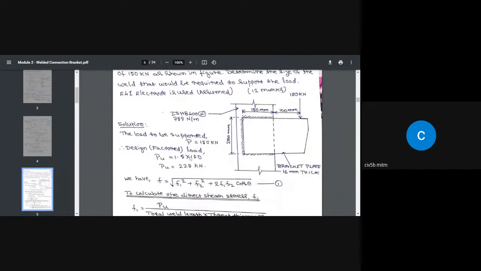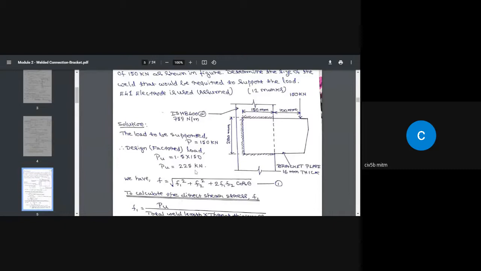Coming to this, again, what is the equation? The load to be supported is P, that is equal to 150 kilonewton. Then what is the design load or factor load or ultimate load? That is P multiplied by the load factor 1.5. So that is 225 kilonewton.